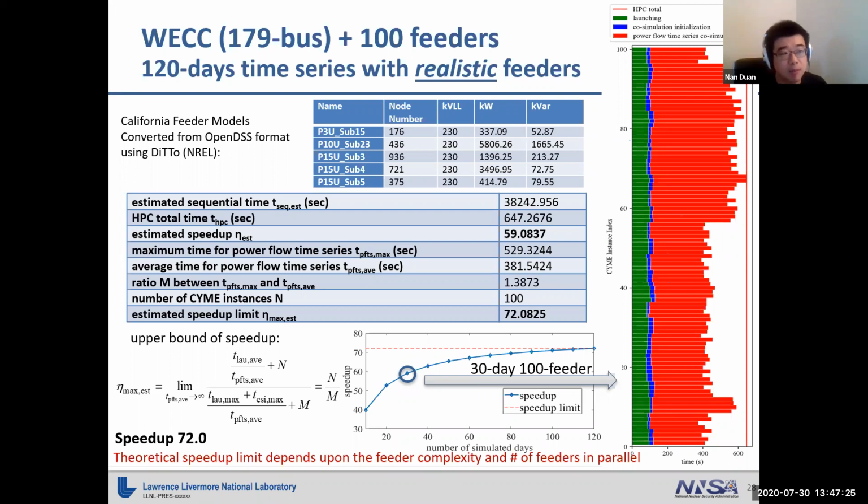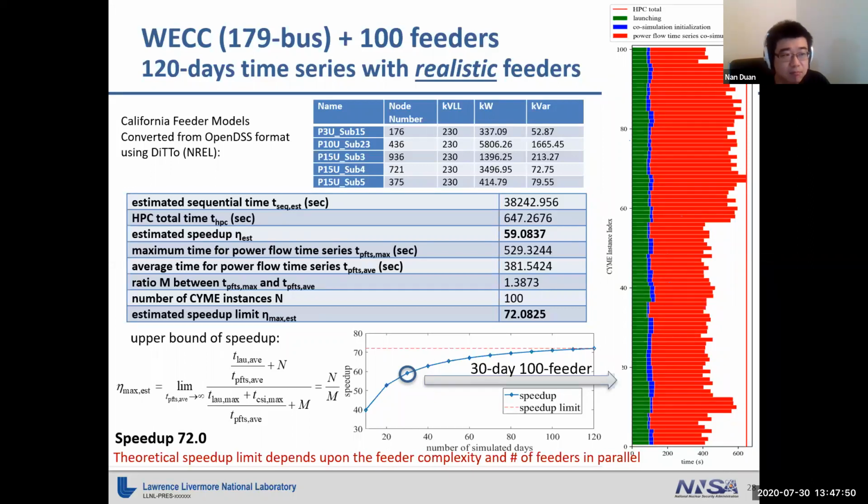That takes some time. And also between each snapshot of this time series, you have this information exchange between the transmission grid and distribution grid. That also takes some time because you actually need to talk to different nodes in this computing cluster.